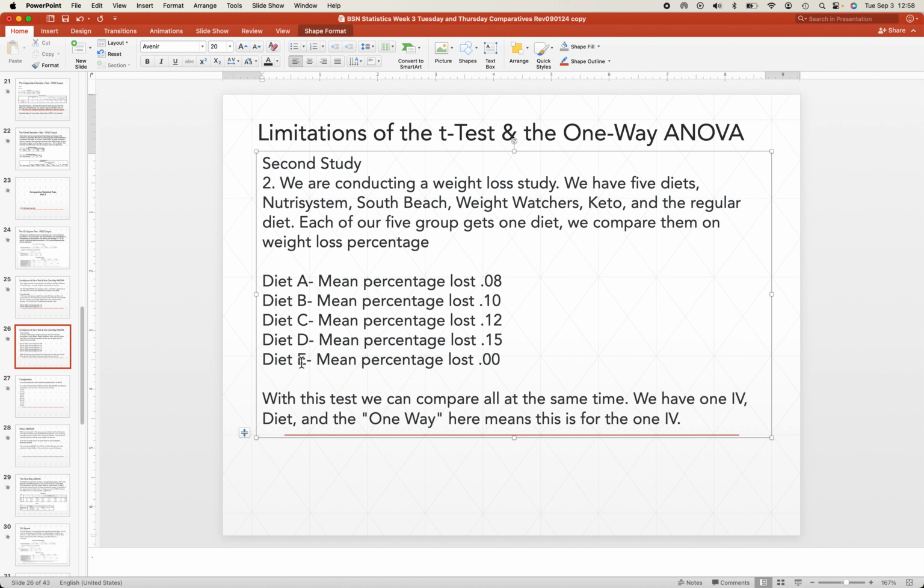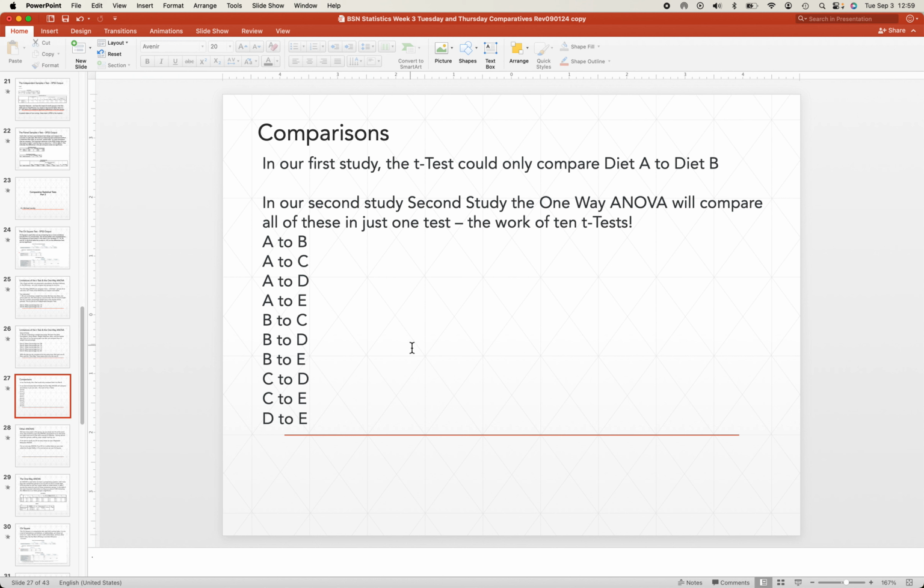And the ANOVAs can do that. They can run all of these comparisons at one time. And I want to show you this, just to kind of try to encapsulate this. So let's look at this.